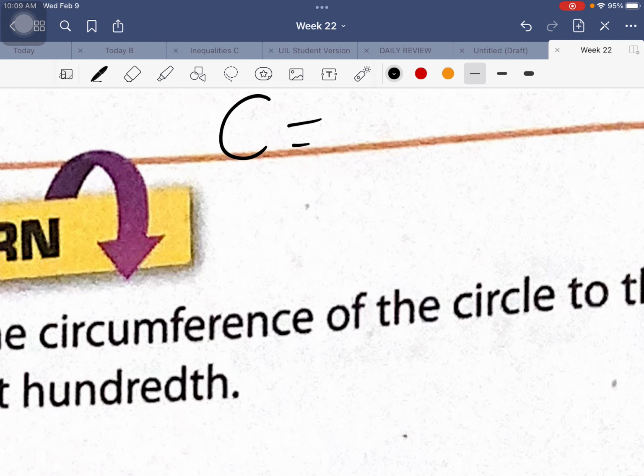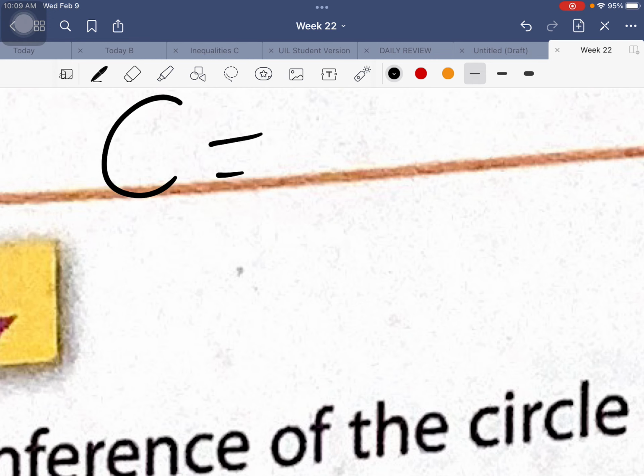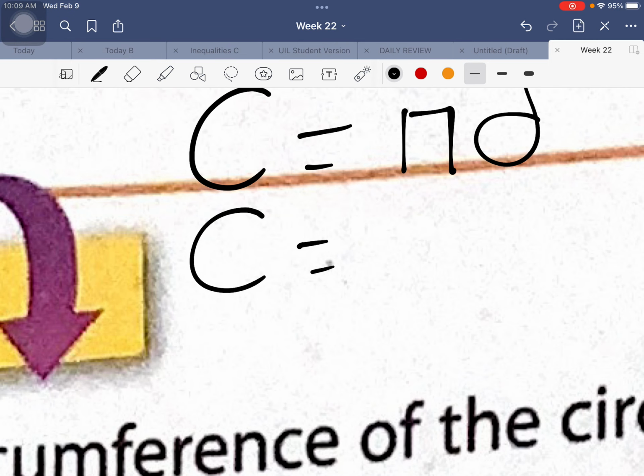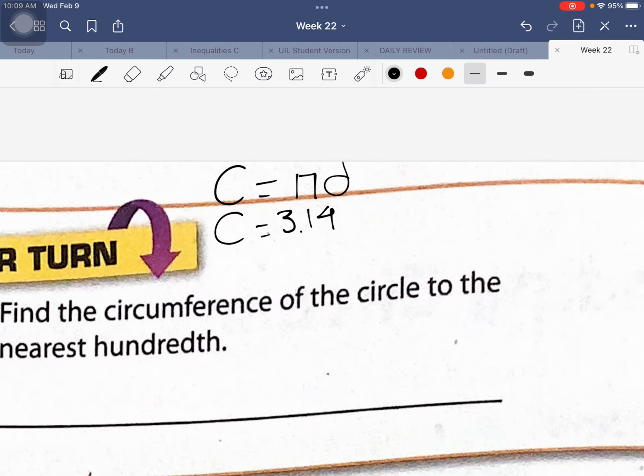And what's the formula, Camila? Okay, you just said it. Pi d. Now, what does pi represent? 3.14. And what's the diameter in this problem?